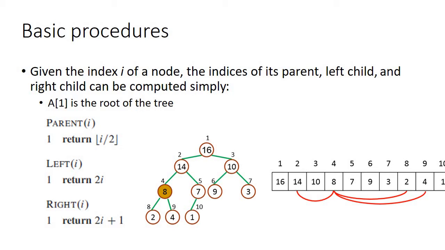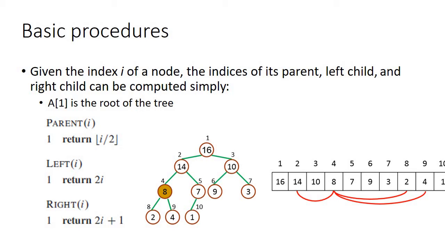The child is basically a member of the parent, so it is 2 into i, and the next element on the right hand side must be 2i plus 1.